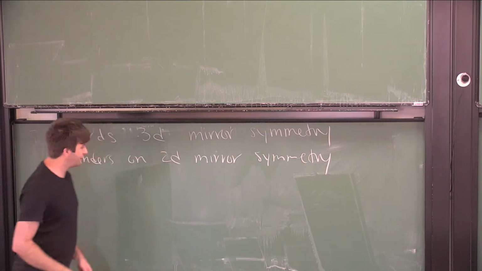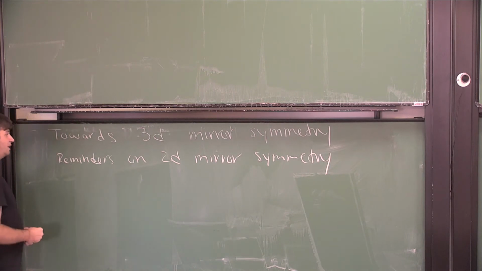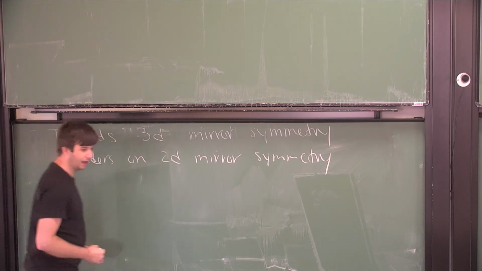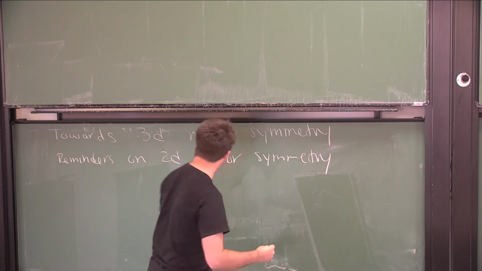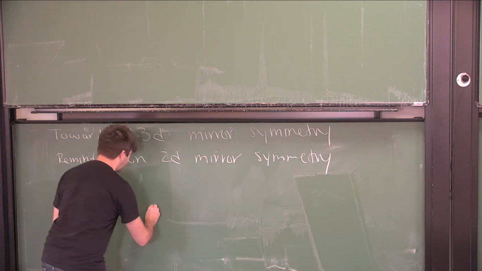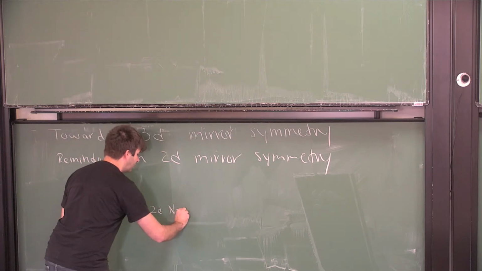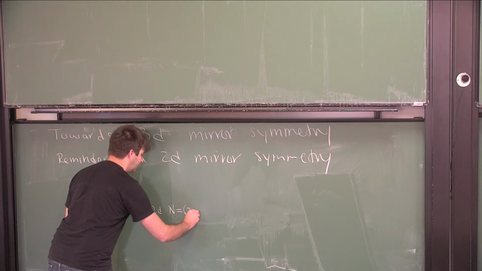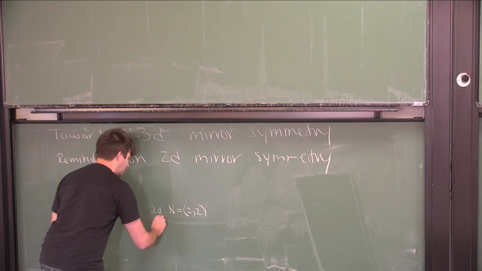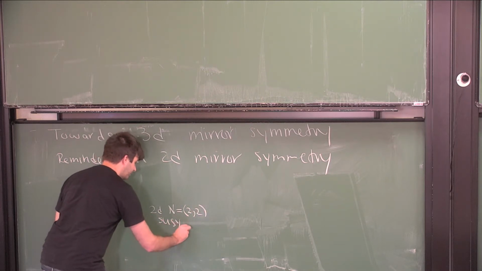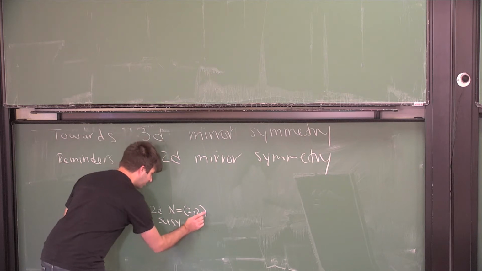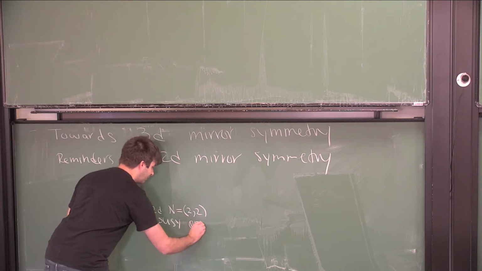Okay, so the formulation of 2D mirror symmetry that I want to talk about, which maybe is not the one that's the most familiar to mathematicians, is starting out with some sort of 2D N=(2,2) supersymmetric quantum field theory.